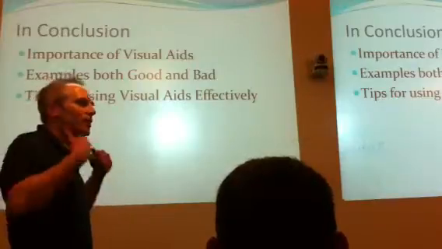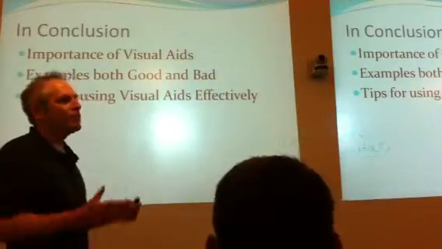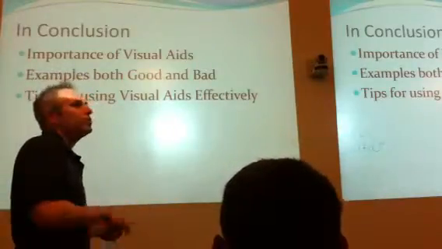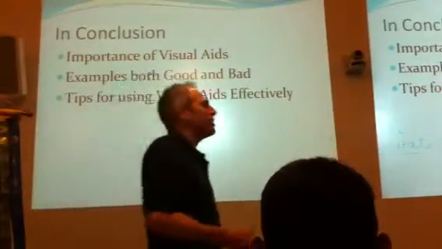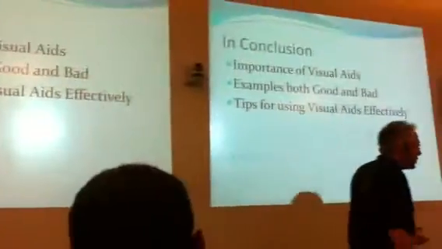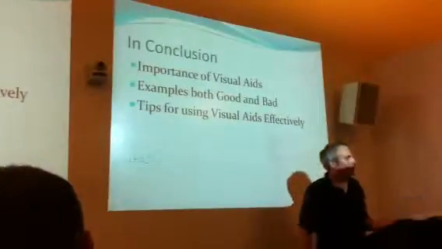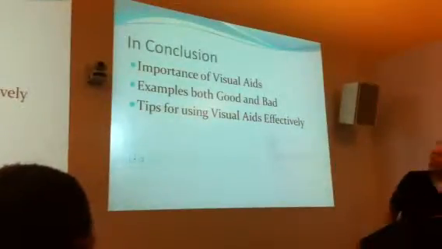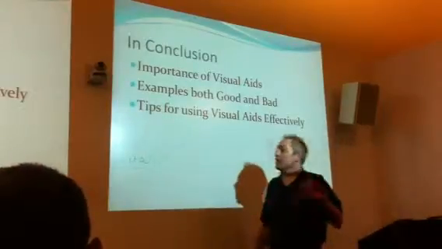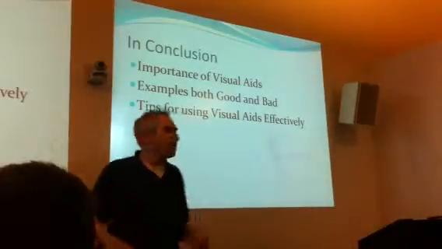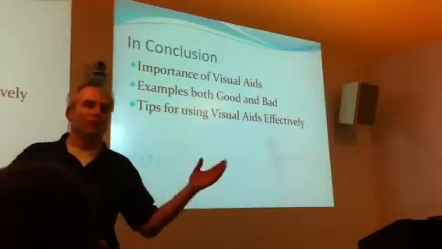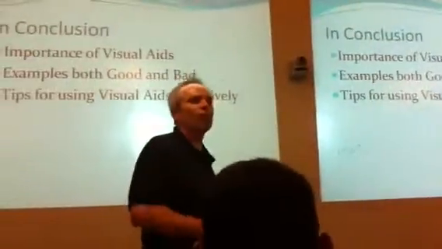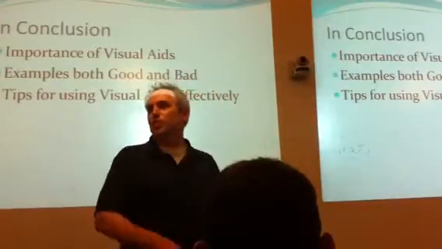Write your presentation, and have the visual aids support your presentation. Do not use visual aids to drive your presentation. And I've given you some tips. I've got a handout with some of these tips on it that I'll pass out and that you can retain. You can use this if you're making a presentation, whether you're doing a Toastmasters speech like I'm doing tonight, at work, or wherever you find yourself speaking, including sales presentations.